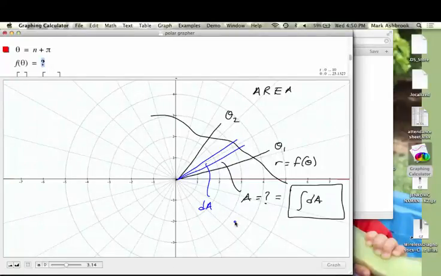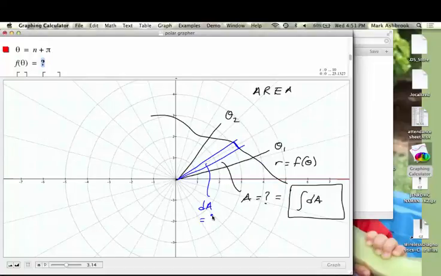What's the shape of that thing, generally? Triangle, right? If the angle d theta is small enough, then we can think of that just as a little segment, and we've got a triangle.